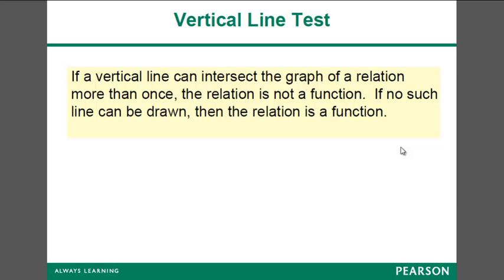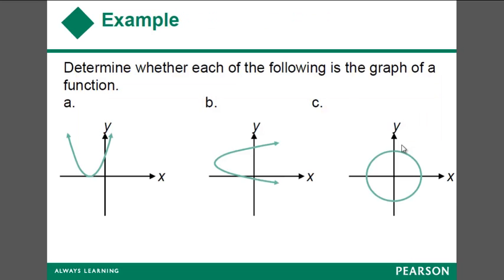Which means if I draw a vertical line through my graph at any point and it only touches one time, I need to continue and see if that's true for the whole thing. But if I can draw my vertical line at any point of my graph and it touches more than once, 2, 3 times, it is not going to be a function.